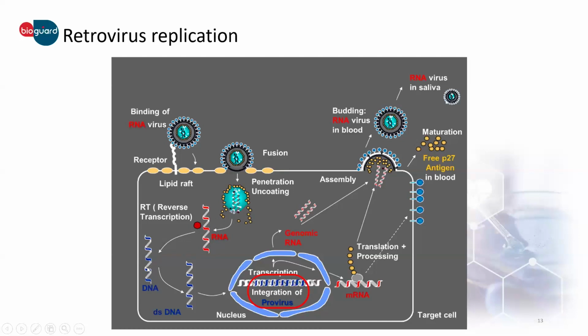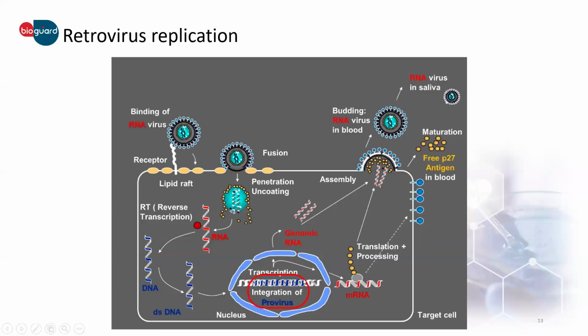It goes from single-strand DNA to double-strand DNA. And the double-strand DNA will get into the nucleus of the infected cells and then be integrated into the DNA, the chromosome of the host cells.